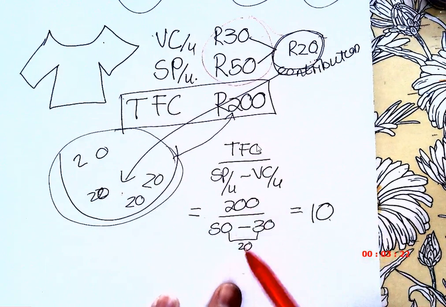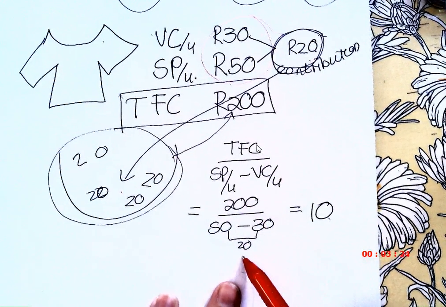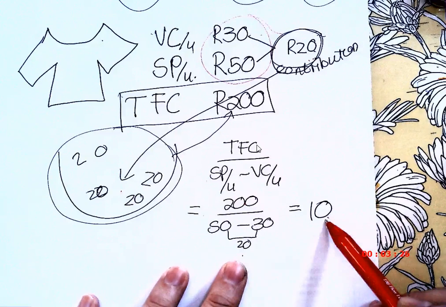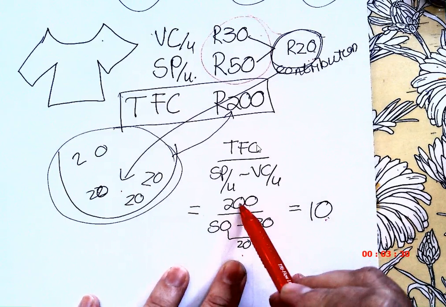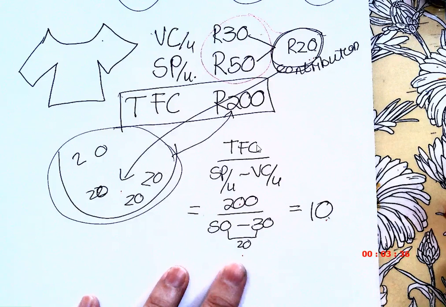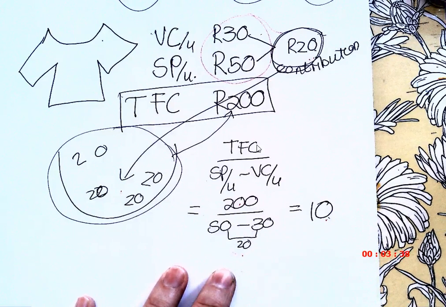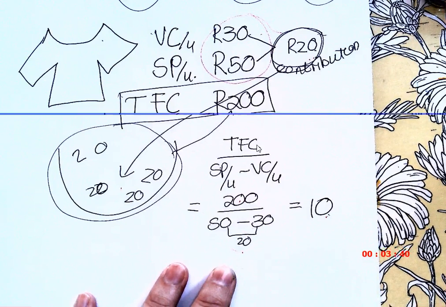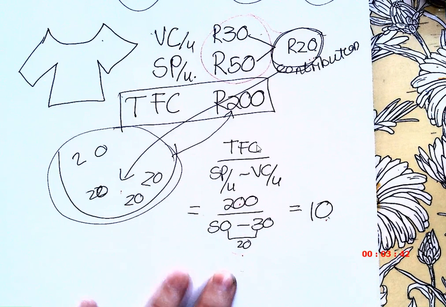Okay? So my contribution is 20, so I'm going to need 10 contributions to cover the 200 Rand fixed cost. Then it means the next one that I'm selling, that contribution goes into the pockets. It's a profit. Does that make sense?